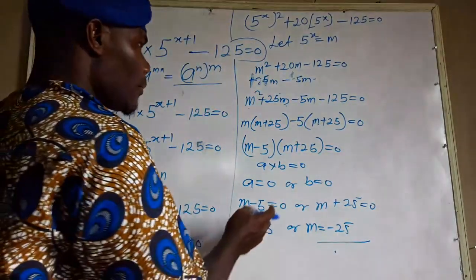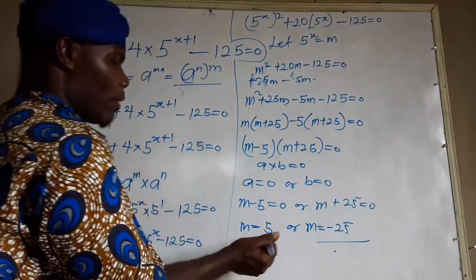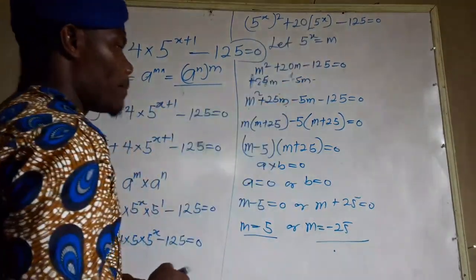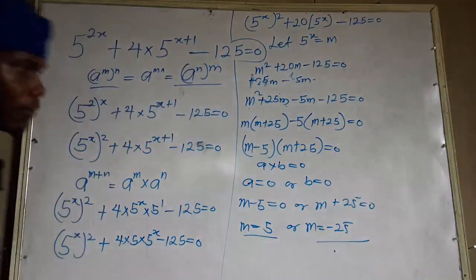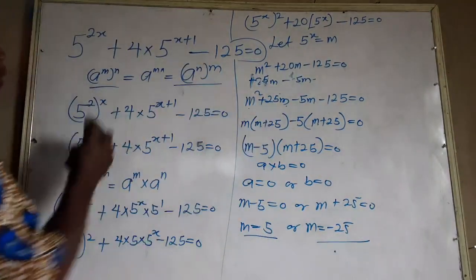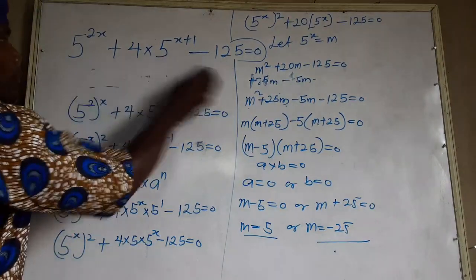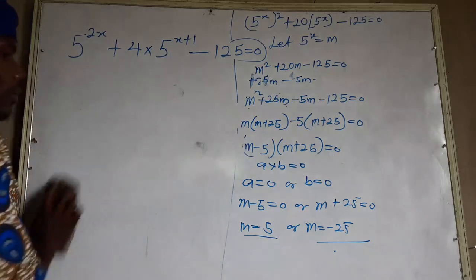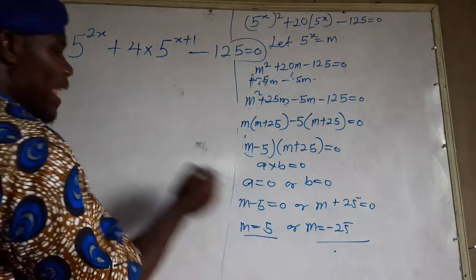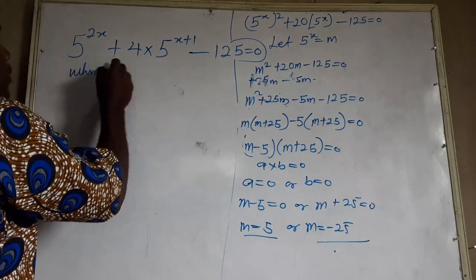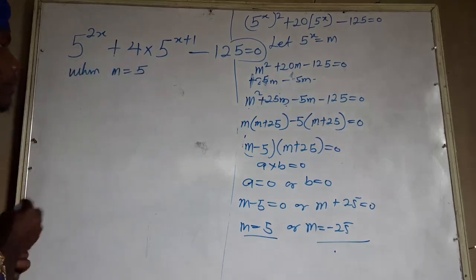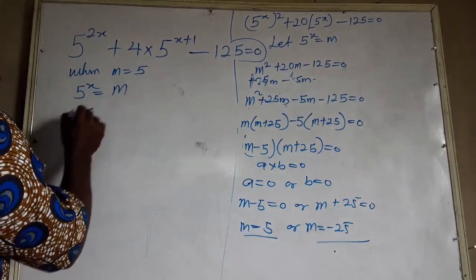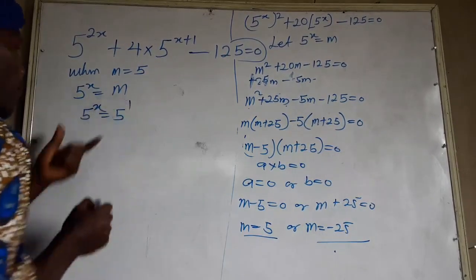We set the value of 5 raised to power x to be equal to m. Let's try to find the real value of x now. When m is equal to 5, 5 raised to power x is equal to 5 raised to power 1.